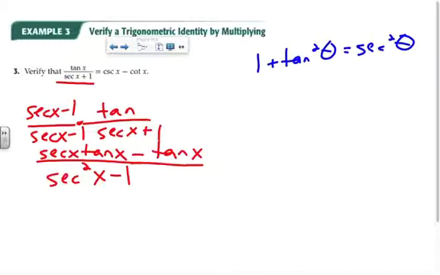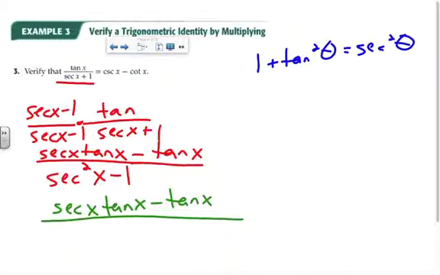So I have secant x tangent x minus tangent x all over 1 plus tangent squared of x minus 1.